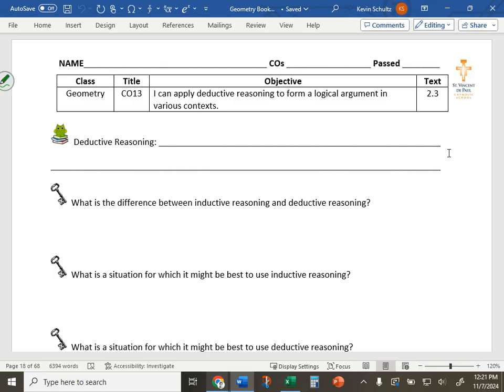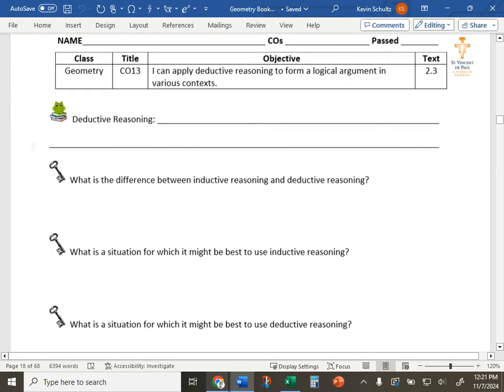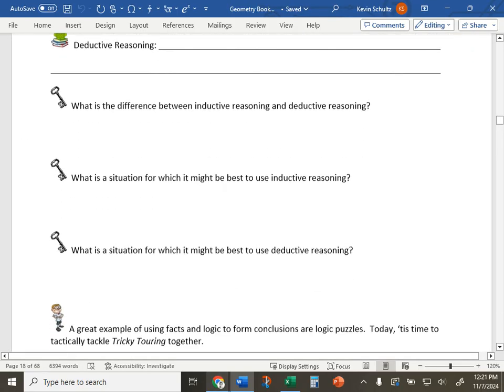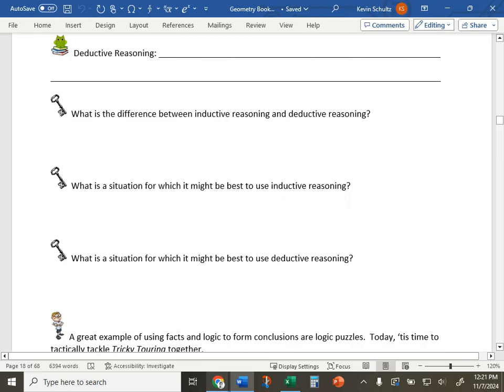So we talked about inductive reasoning. What, again, defines inductive reasoning? Inductive reasoning, Mario. Like using past experiences to make a conclusion.